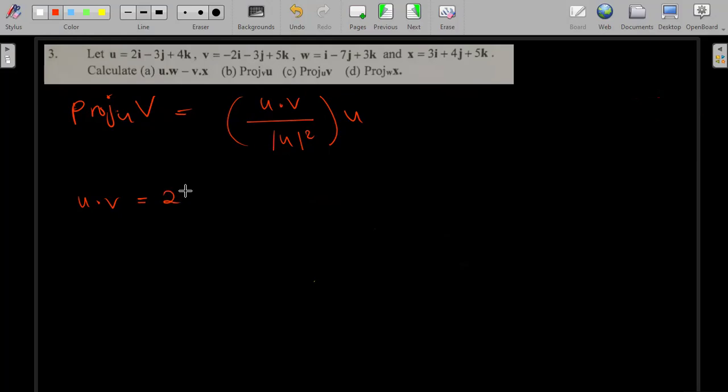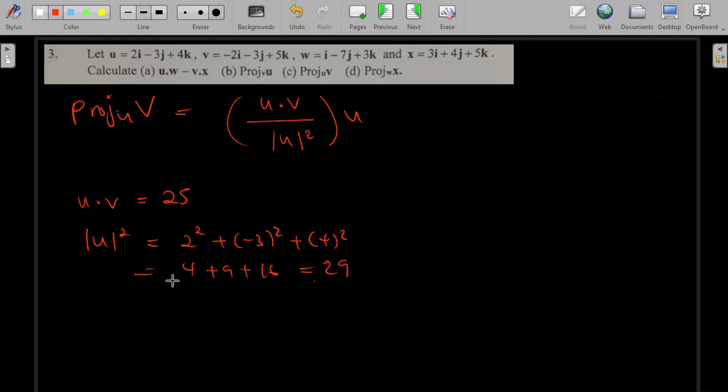So earlier we found this is 25, but then we can find U squared. The components of U, I just square them. So 2 squared, plus negative 3 squared, plus 4 squared. I end up with 4 plus 9 plus 16. This just gives me 29.